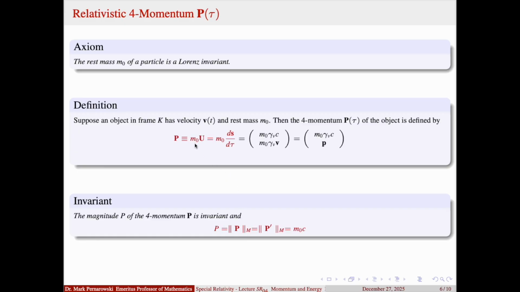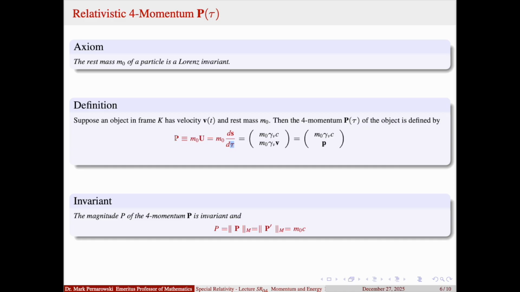And it has the very obvious definition that the four momentum p is the rest mass times the four velocity u. That is to say, it's m naught, some constant in any reference frame, times the derivative of the Minkowski coordinate with respect to proper time.